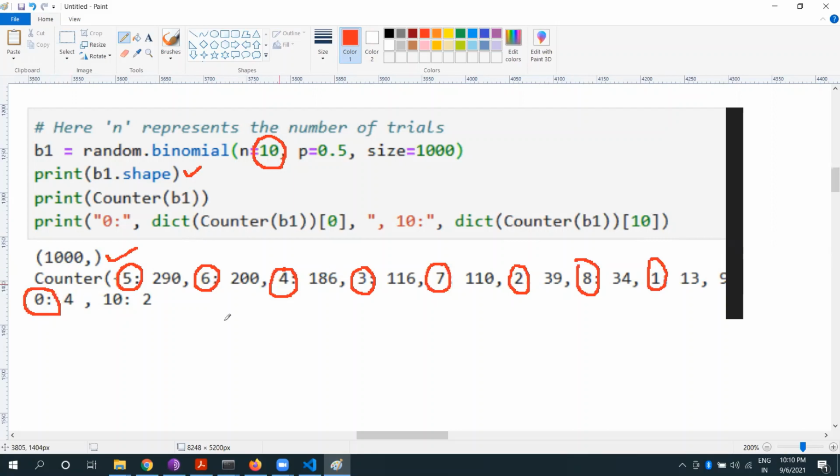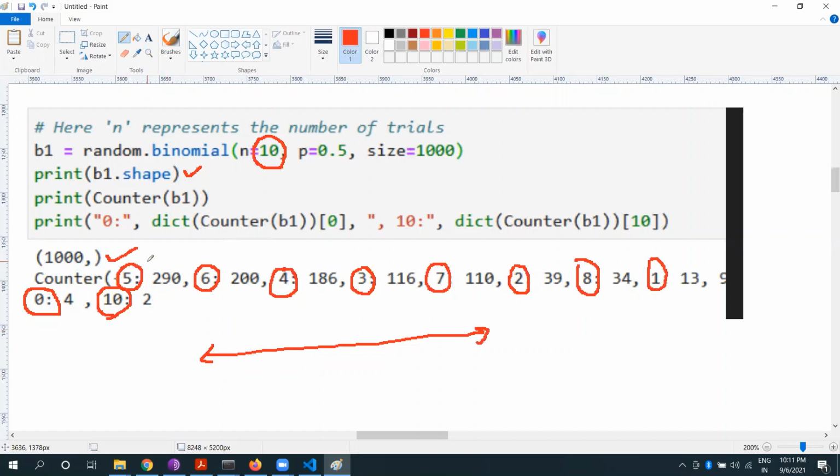Only 4 times. And how many times did we get 10? Only 2 times. But the thing is, the number of trials determines the size, the range of this outcome, this output.